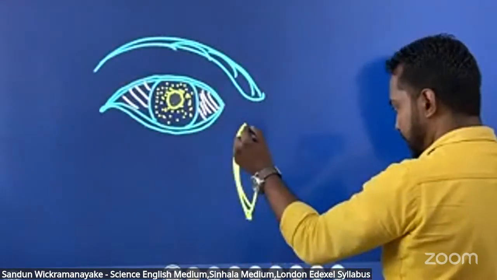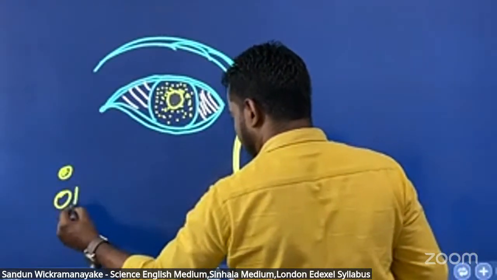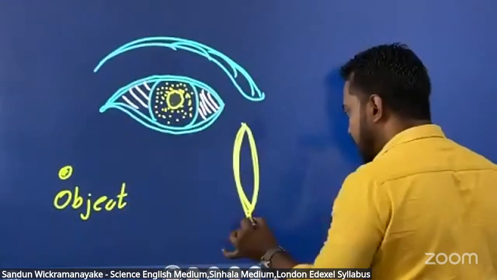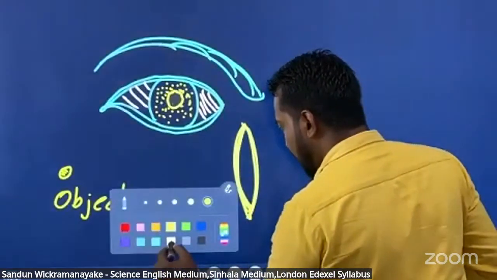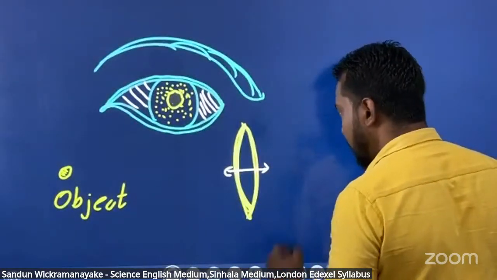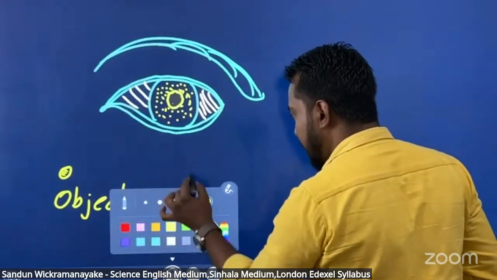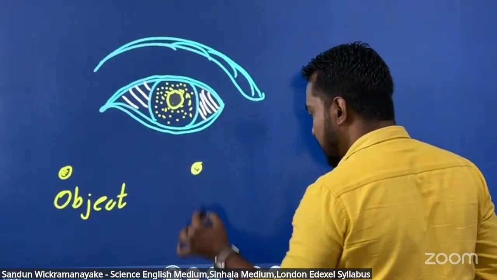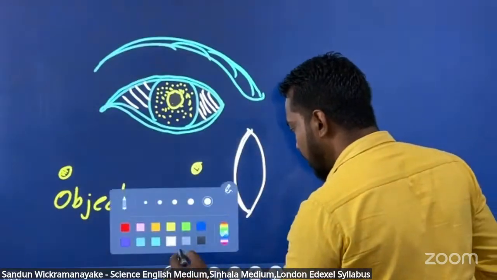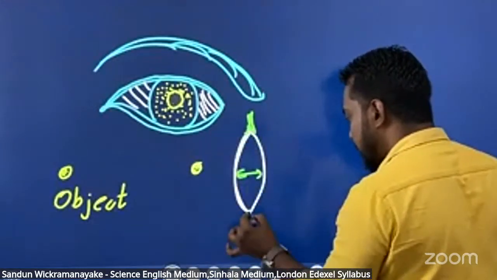If you're going to observe some kind of object, this eye lens shape should be like this. But if you're going to observe some object closer to you, its shape should be like this. It will be controlled by these muscles.